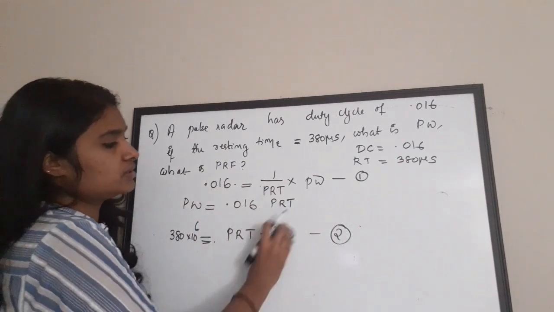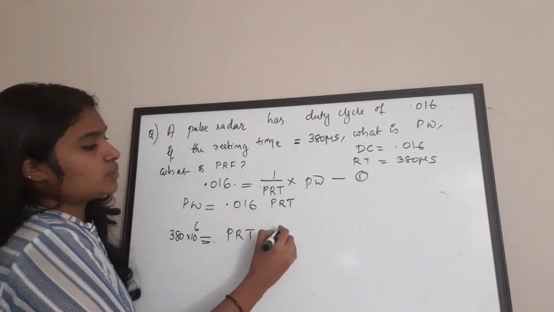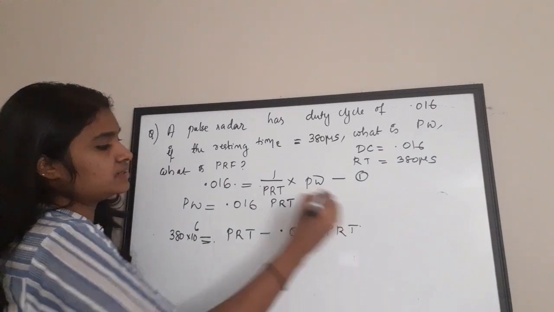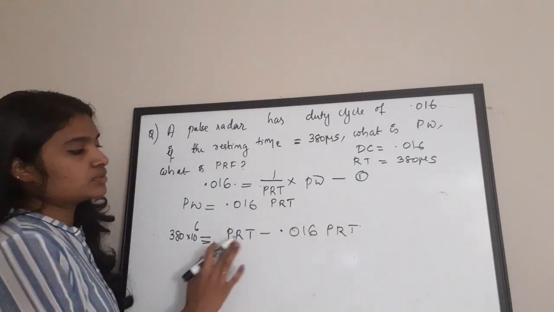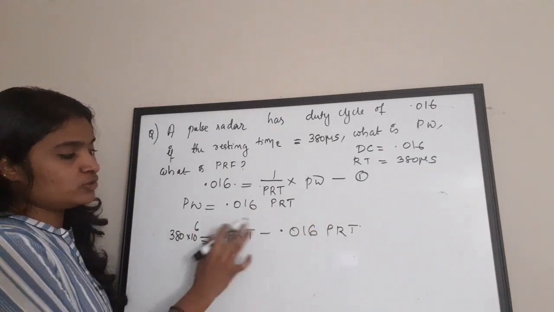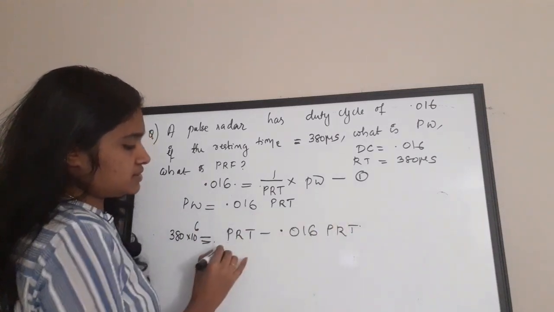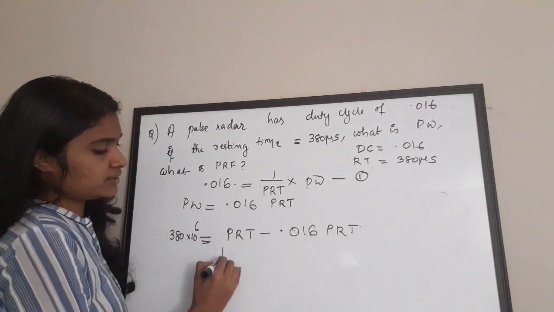So now we can substitute this in equation number 2. I'm going to substitute it: 0.016 PRT. Now, can't we solve this and find the value of PRT? Right. So, I'm going to take PRT common here.